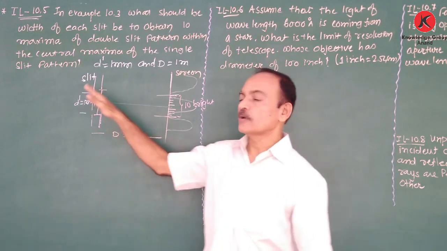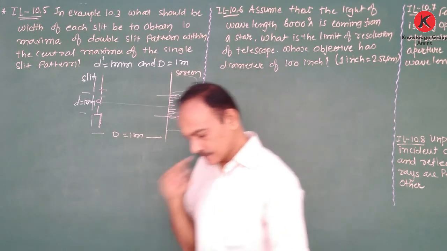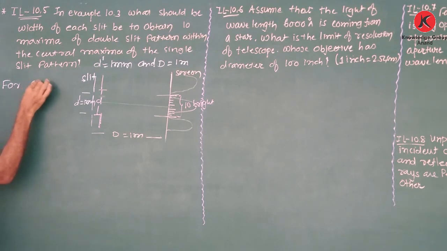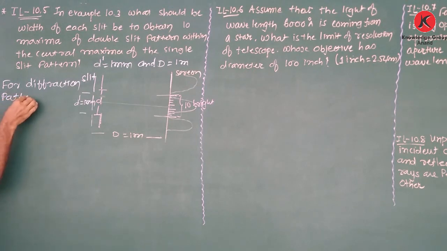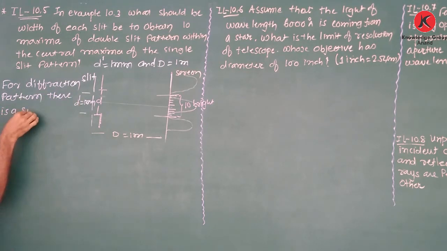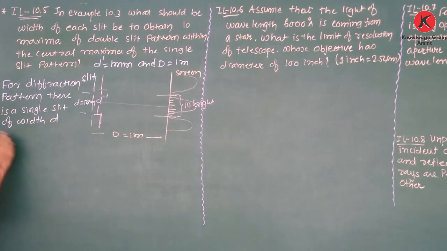Therefore, we can write like this. For the diffraction pattern, there is a single slit of width d. Suppose the width is d.